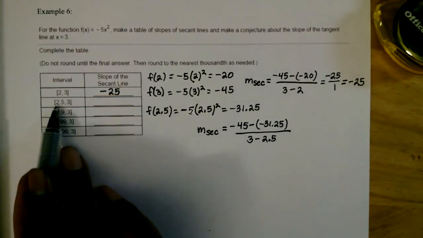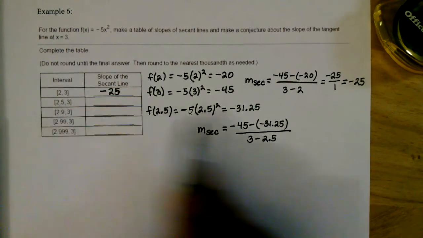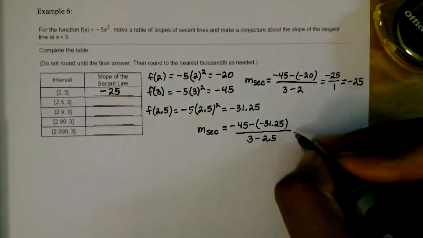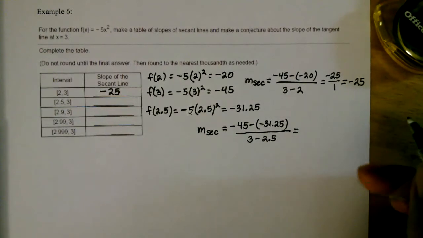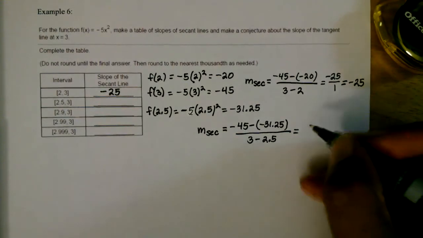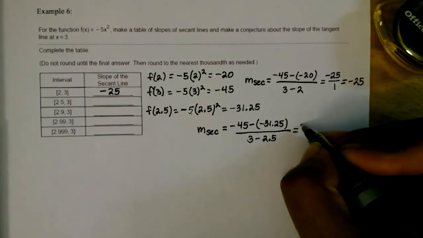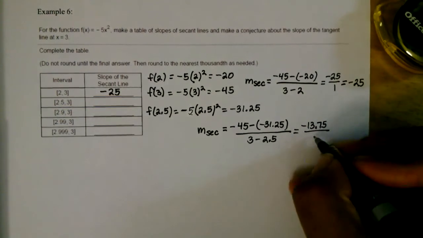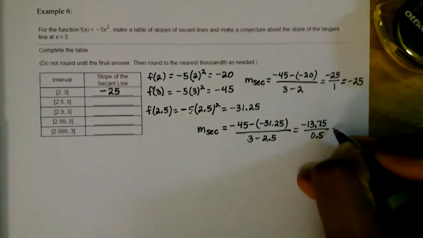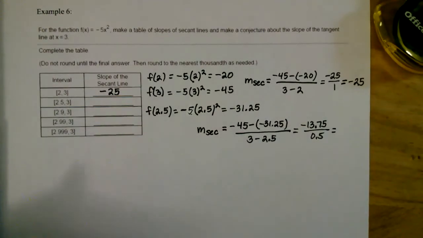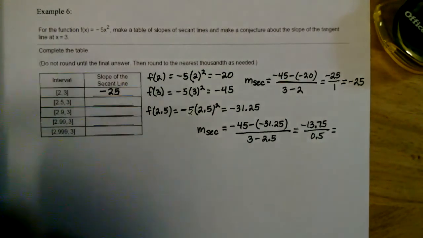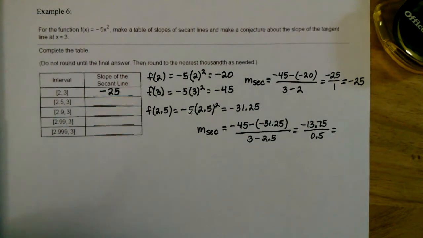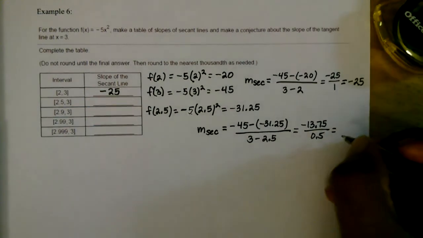Because it's always b minus a. f of b minus f of a. Now, negative 45 minus negative 31.25 will be negative 13.75. And 3 minus 2.5 will be 0.5. Divide negative 13.75 by 0.5, that would be negative 27.5.